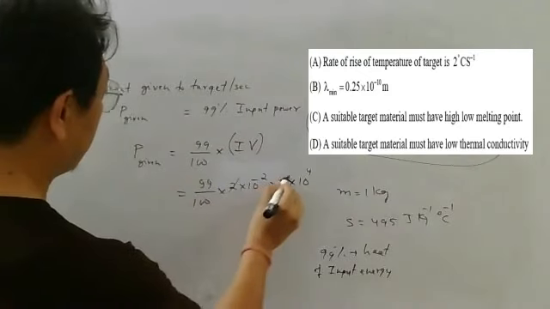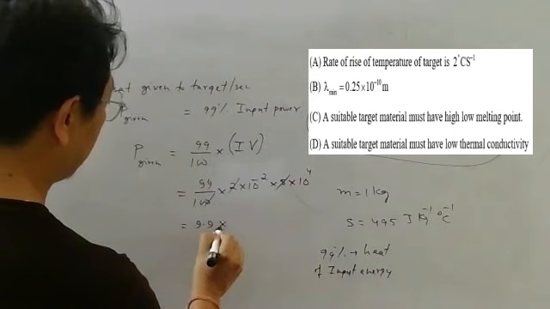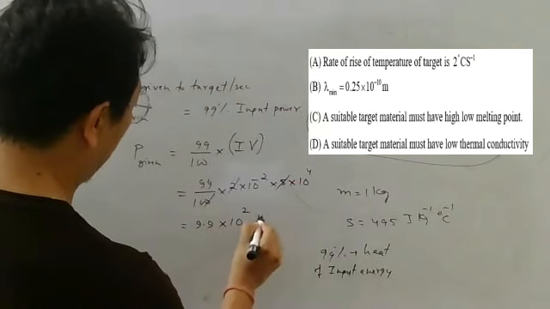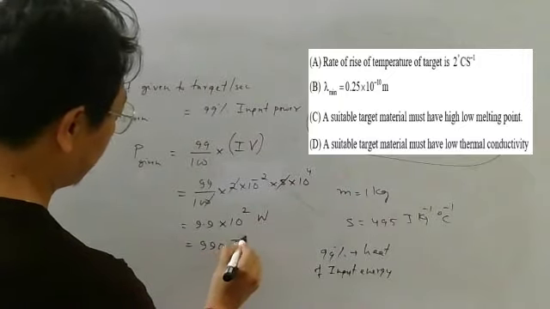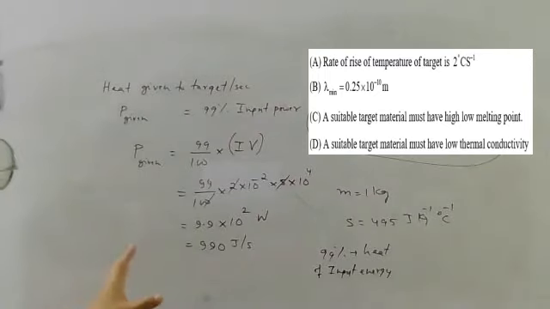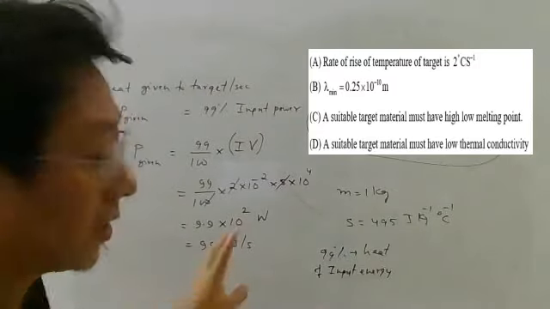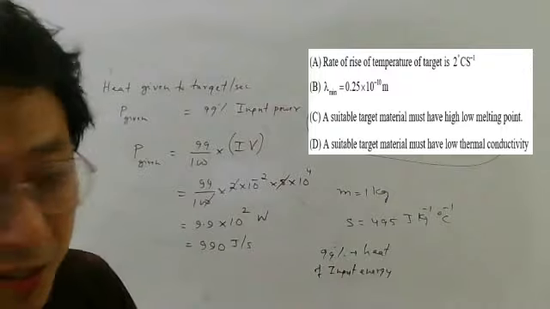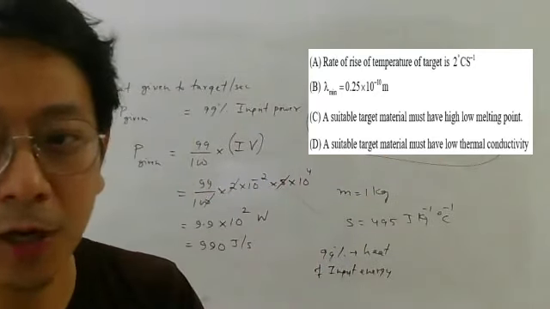So 5 2s are 10, the zeros cancel, 9.9 into 10 power 2 watt, which will be 990 joules per second. So this much heat is given to the metal target per second. Per second only we can calculate, guys, because they have given you only current and voltage. So we can calculate power only.